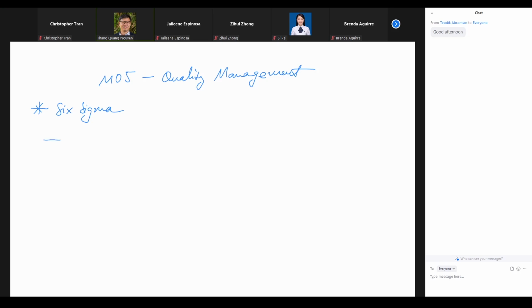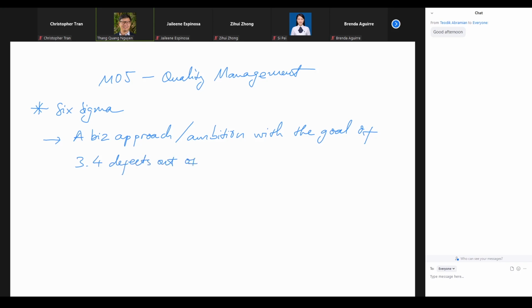Six Sigma is a business approach, or sometimes we call that an ambition, where they aim to have the goal of 3.4 defects out of 1 million opportunities.